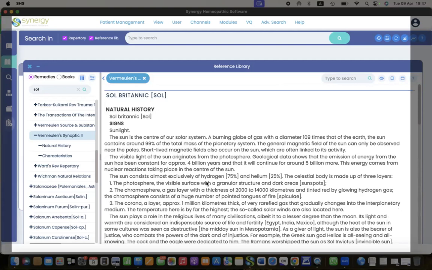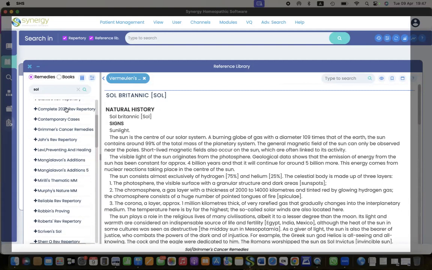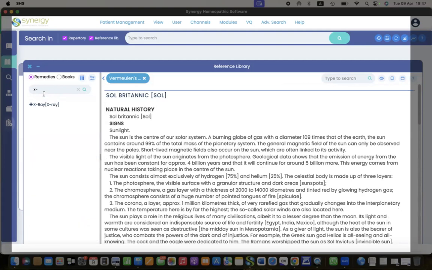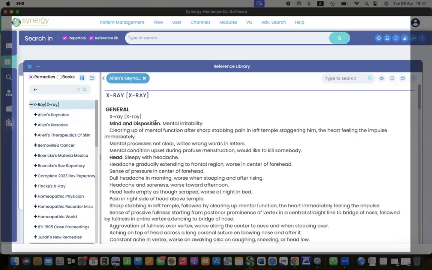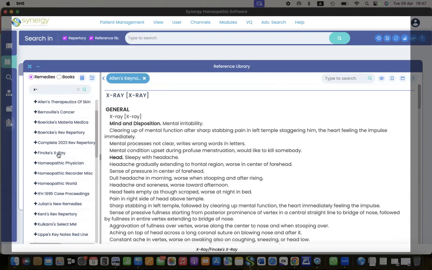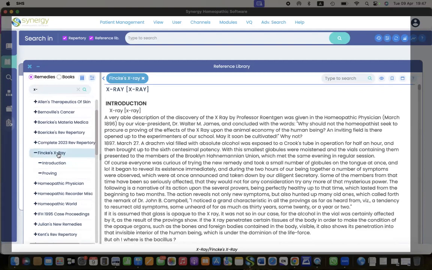So I don't know if anyone's got any other light remedies, or would they like to look at? Let's see what else we've got. We can look at it here. X-ray. So this was proven a long time ago by Finker, 1896.